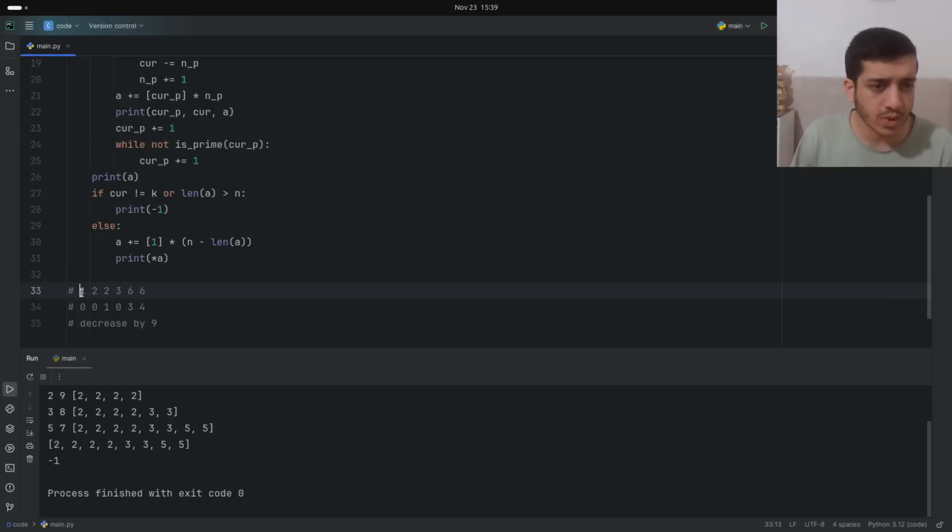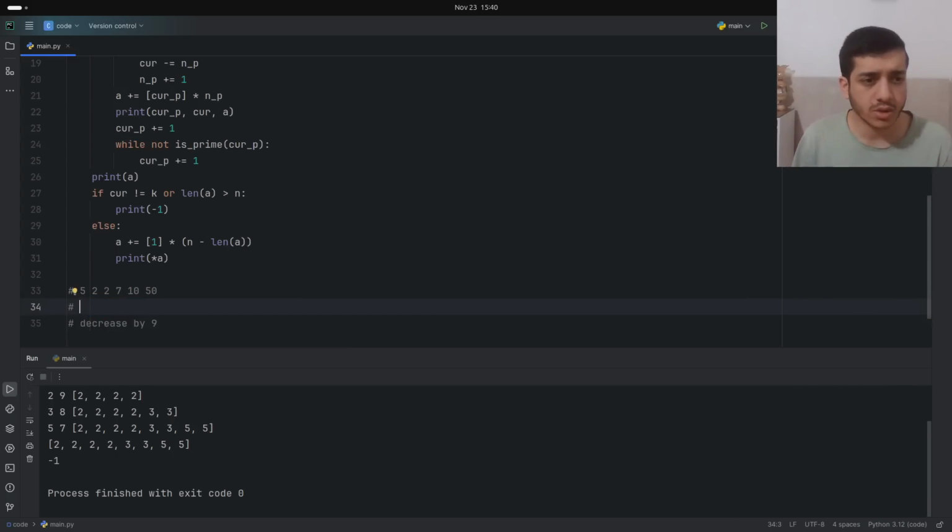So let's have it like this. It decreases by 0, then by 0, then by 1, then by 0, then by 3, and then by 4, right? So the sum of these is 8. I think the sample test case is wrong. It's 8.